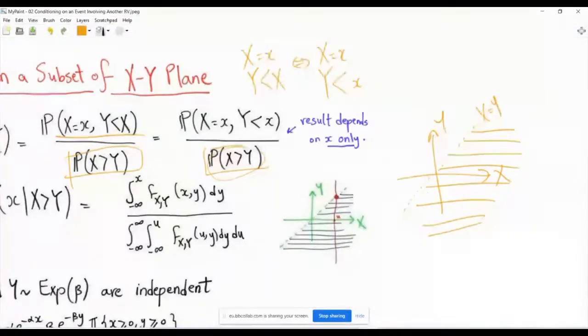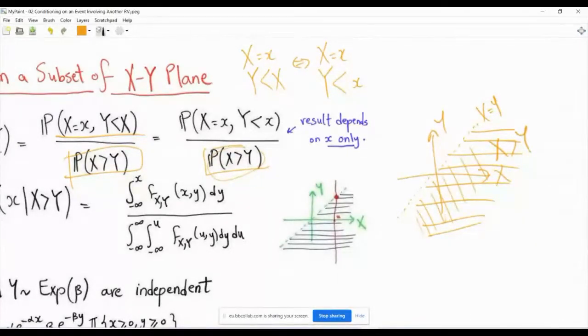So this is the region in which big X is greater than big Y. And so what do I mean by the probability that big X is greater than big Y? I mean, find the probability of this event, this subset of R2. If you know the joint PDF, go and integrate the joint PDF over this shaded region.